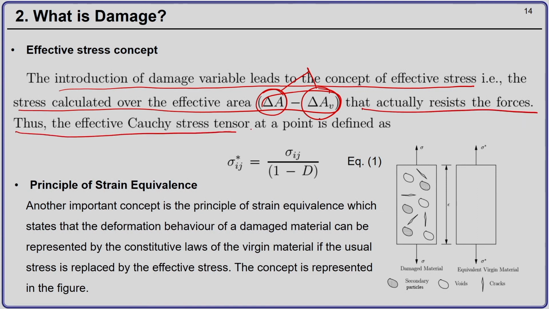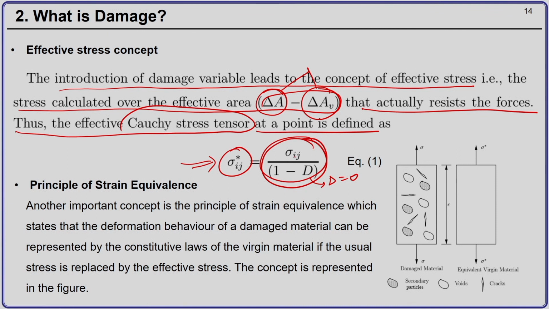Thus, the effective Cauchy stress tensor at a point is defined as sigma star equal to sigma divided by 1 minus D. You notice that when D is equal to 0, when the body does not have any damage, it is free of any void, then the effective stress is equal to sigma itself. And when D equal to 1, you will see a nonzero value divided by 0, which means infinity, which means that at the tip of the crack, when the crack occurs, stress goes to a very high value.